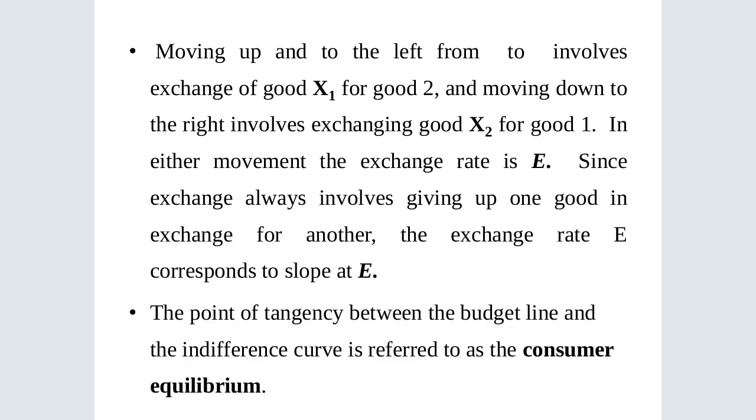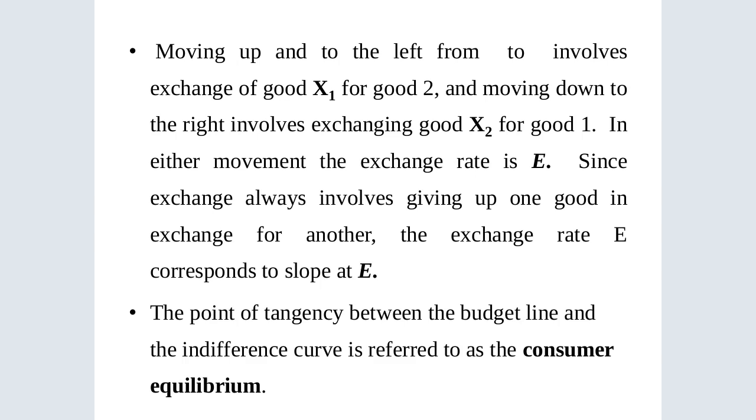Now, if you move up and to the left, this involves exchanging good 1 for good 2. And moving down to the right involves exchanging good 2 for good 1. In either movement, the exchange rate is E. So whether you move upwards or downwards, the slope simply remains the same, which is E.